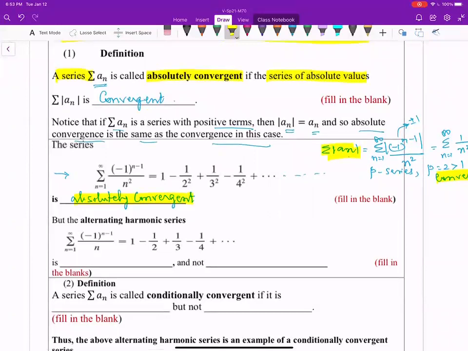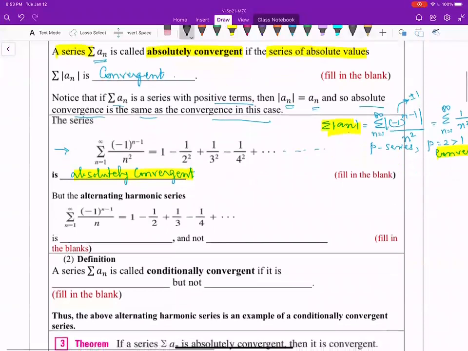But the alternating harmonic series, which is sigma, n varying from 1 through infinity, of negative 1 to the power n minus 1 over n, if you substitute values of n successively starting from 1, you get this alternating series: 1 minus 1 half plus 1 third minus 1 fourth, etc. This is nothing but the harmonic series, except that the positive parts of each of these terms are the harmonic series terms, but here you have alternately positive and negative terms.